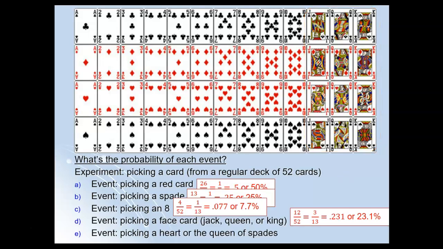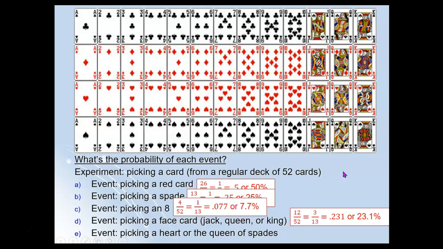And what about picking a heart or the queen of spades? Well, let's count all the different ways that could happen. Out of all 52 cards, which ones would have you saying, yes, the card I picked is either a heart or the queen of spades? Well, let's see. There's 1, 2, 3, 4, 5, 6, 7, 8, 9, 10, 11, 12, 13, 14.